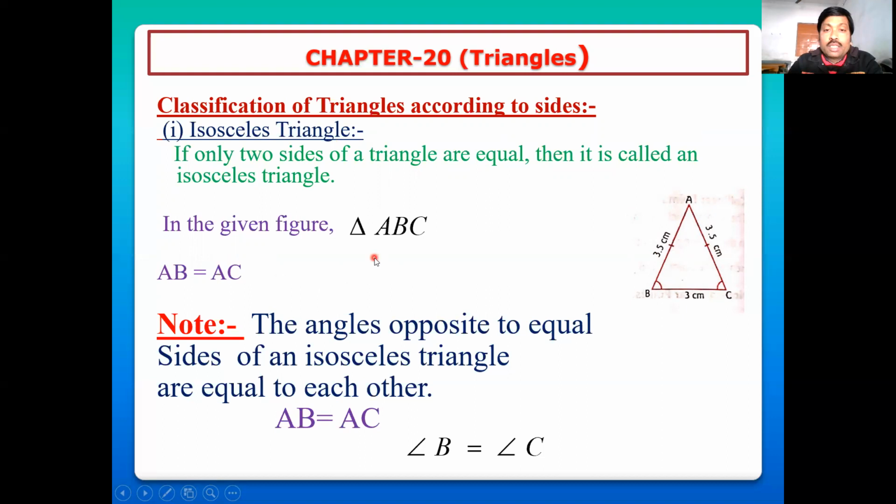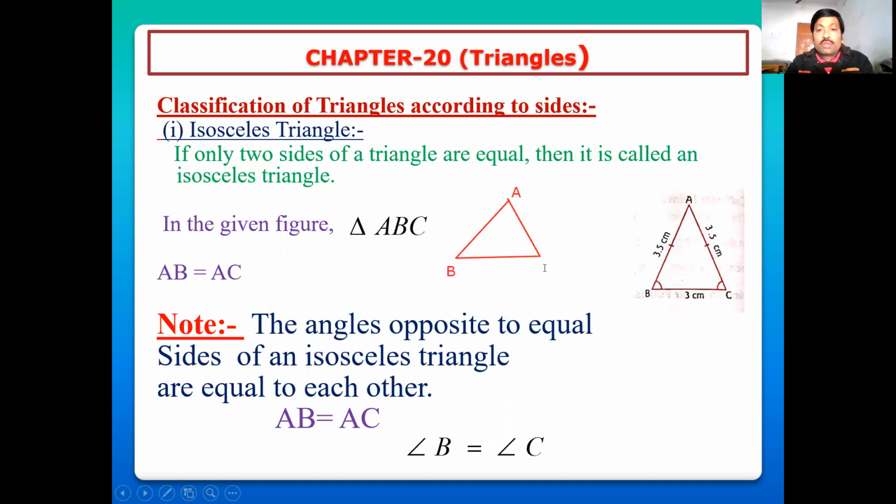ABC is an isosceles triangle. These are also called isosceles triangles. It is not necessary that the sides be 3.5 centimeter and 3.5 centimeter. It is only a representation that both of the two sides are equal.